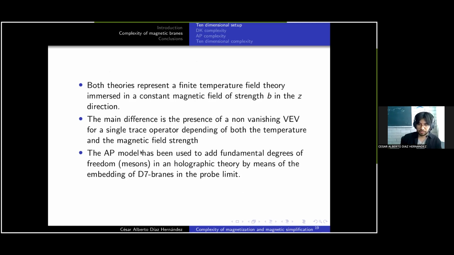This AP model has been used to add fundamental degrees of freedom in holographic theory, meaning it can be used to model mesons in a quark-gluon plasma. And so it is relevant to study this kind of background, not just for the quark-gluon plasma, but for modeling mesons in general.